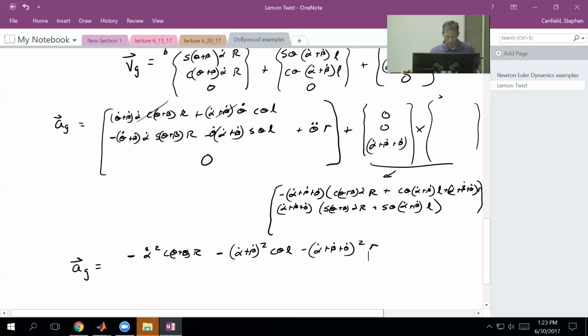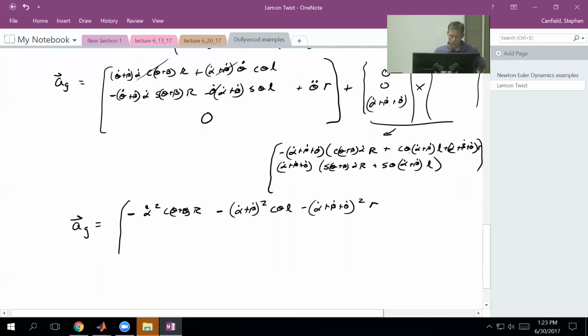Okay, second row. I've got a minus theta dot plus beta dot alpha dot sine, so that'll all cancel. That just gives me an alpha dot squared sine theta plus beta R. That's the first term. The next one, I get an alpha dot plus beta dot times theta dot.